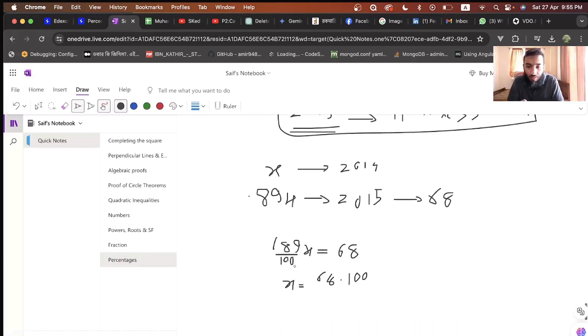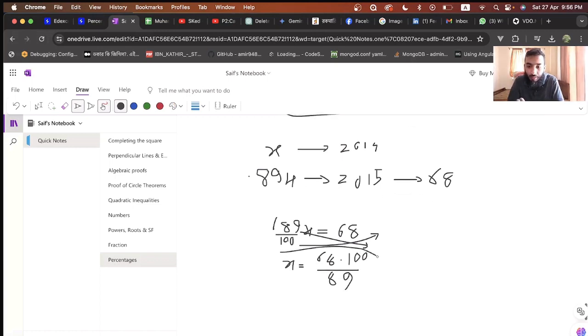We basically do a cross multiplication: 100 comes up and 89 goes down. So x is 68 multiplied by 100 divided by 89. This is the value of x.